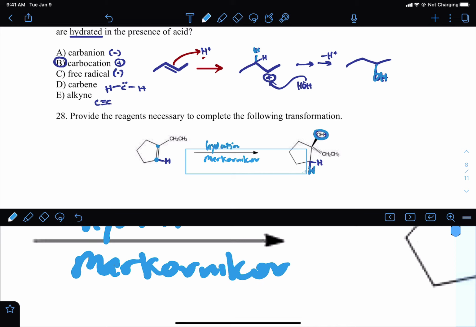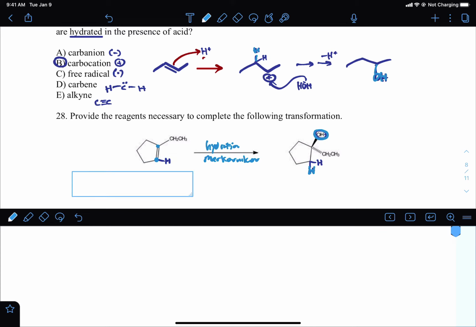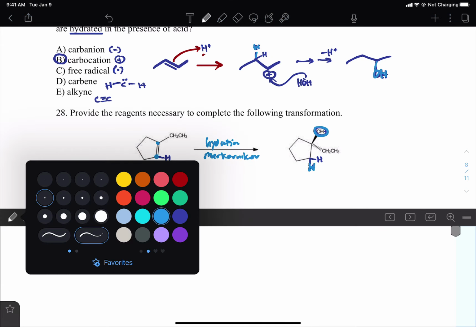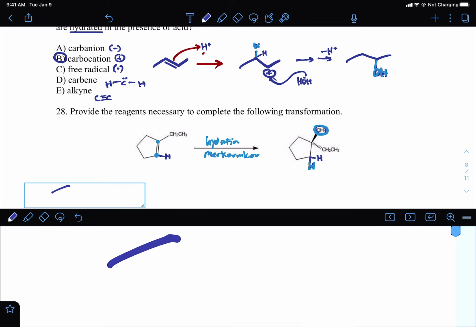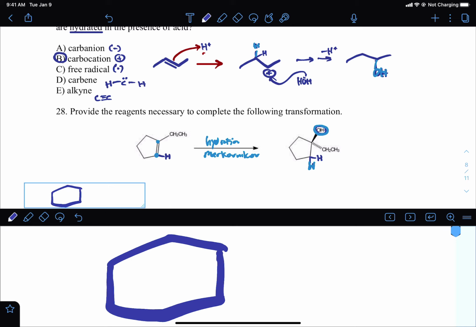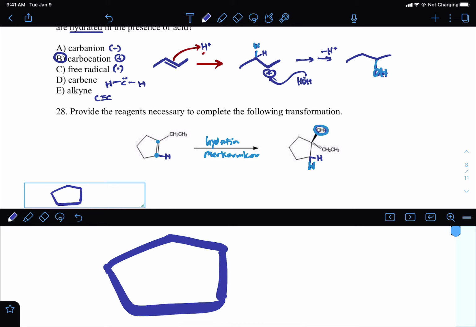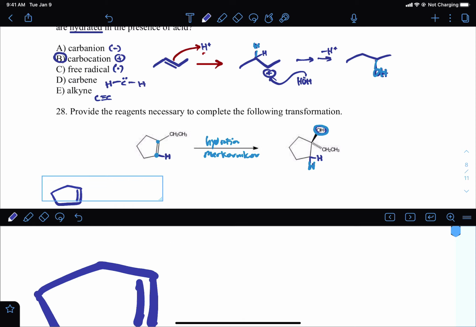hydration. And there are actually two ways to do this. If you go through all the alkene reactions in your book, you will learn that there are two ways to facilitate a Markovnikov hydration. I'll show you both of them, and I'll explain why you might want one versus why you might want another.